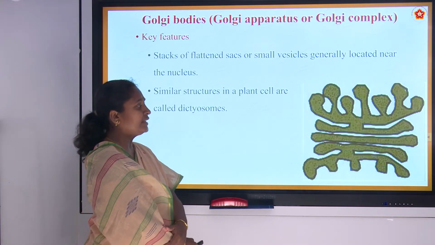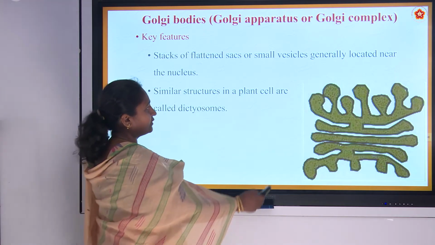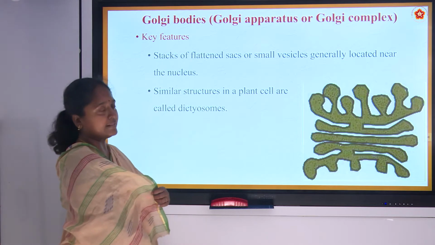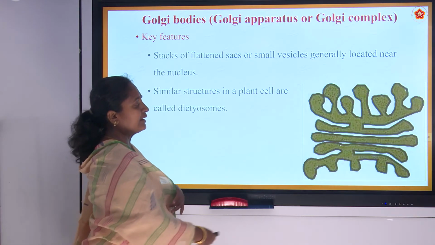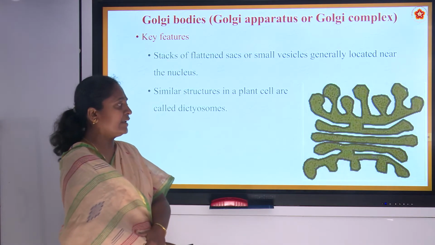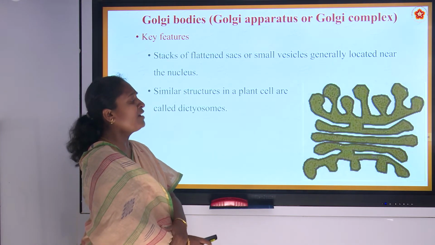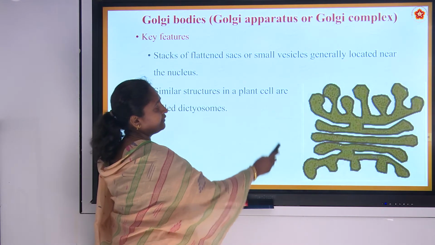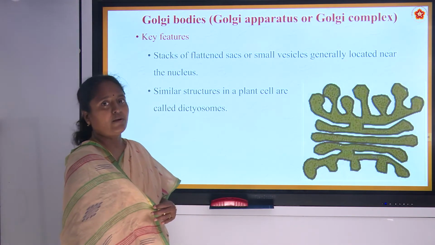You can see the globule like structures, the round structures which are coming out, right? These are nothing but vesicles, and we can see they are stacked one above the other, right. So it will have small vesicles which are coming and joining, and also leaving from the Golgi complex.